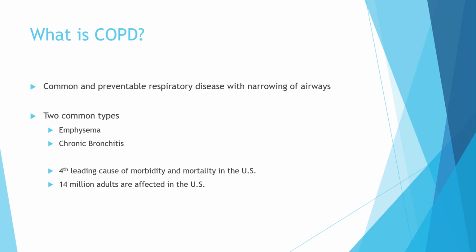To be considered chronic, this has to occur for at least 3 months of the year for at least 2 consecutive years. Of course, if you think about it, our lungs aren't working properly, so our oxygen level is probably going to decrease, which allows, unfortunately, our CO2 level to increase. So this may lead to respiratory acidosis.